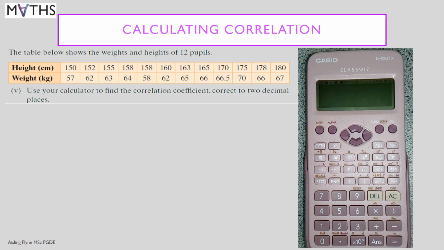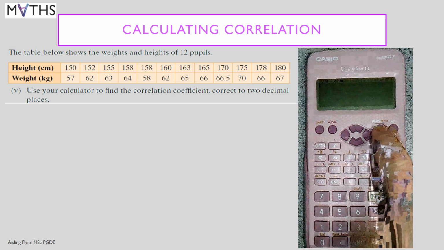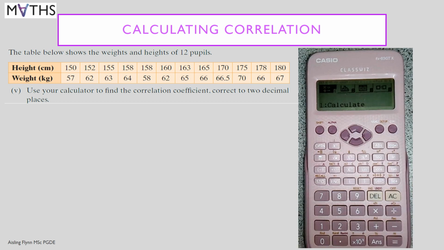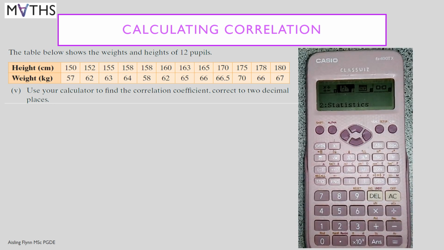So here's how to do that same calculation of the correlation coefficient with the newer Casio calculator. As before, we have to get into statistics mode, and you'll find that over here on the menu button. Then scroll across or select number 2 for statistics and press equals to enter.